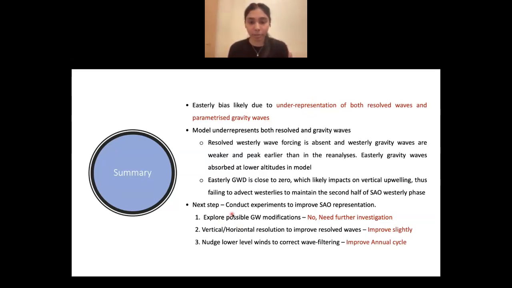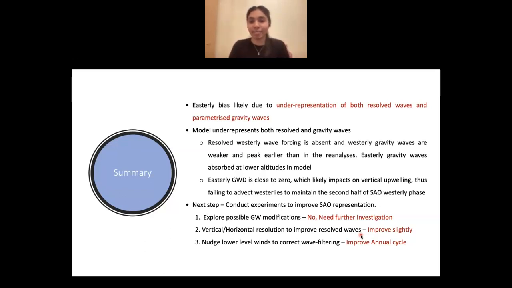We have explored different experiments. The one in which gravity wave tracks were modified didn't show much improvement in the SAO, but the resolution experiments had some improvement, though it is not enough to justify increasing the whole resolution from 85 levels to 242 levels.